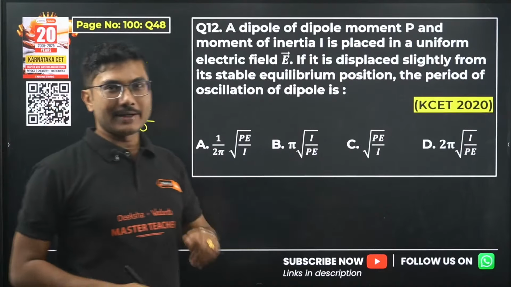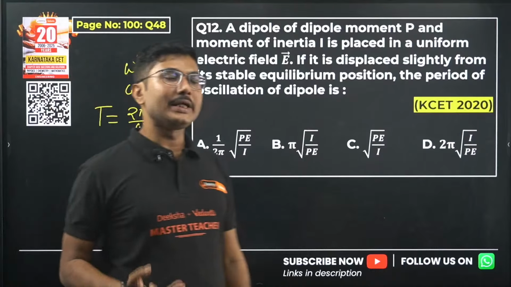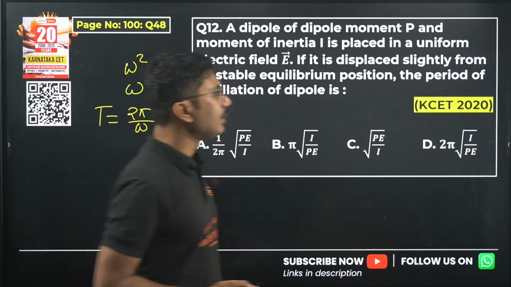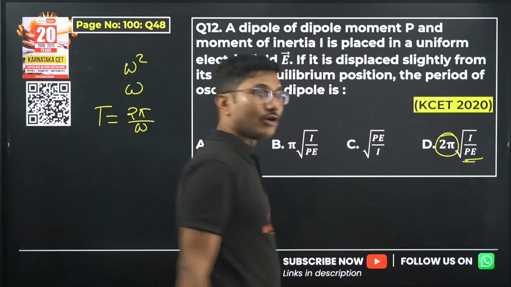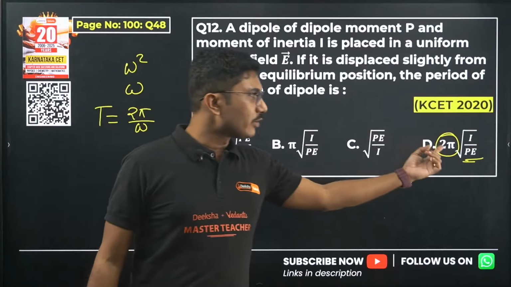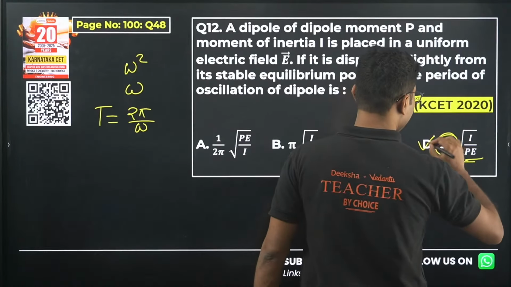So basically, whenever you are seeing any time period related question, there will be a 2 pi outside the square root. It will always be there. In all time period related questions, there will be a 2 pi outside the square root. So definitely the correct answer is option D.